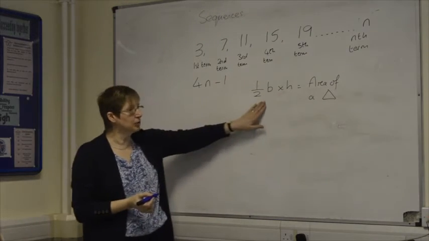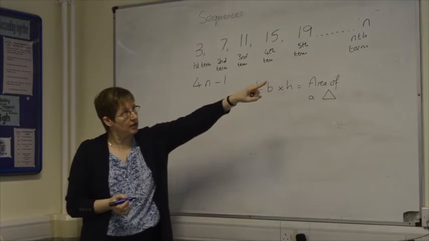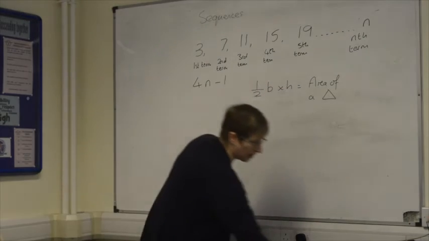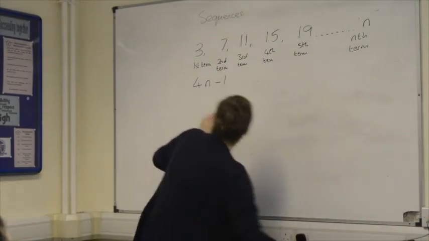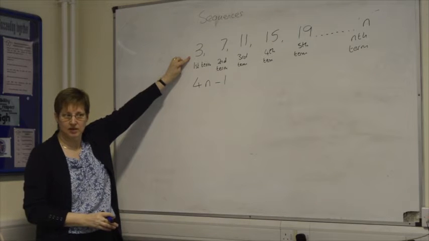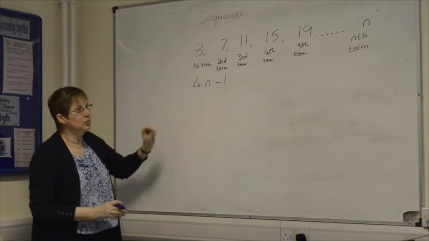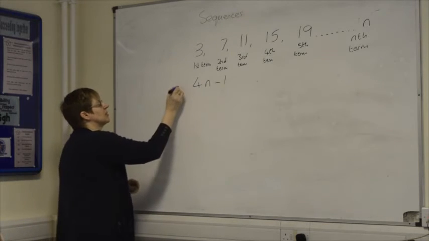That tells me the rule for finding this. But I've put in there that it's an nth term formula. So I'm saying it's the rule for finding the numbers in this sequence. Yes? Now, normally a formula would have an equal sign in it, wouldn't it? And this one doesn't at the moment.